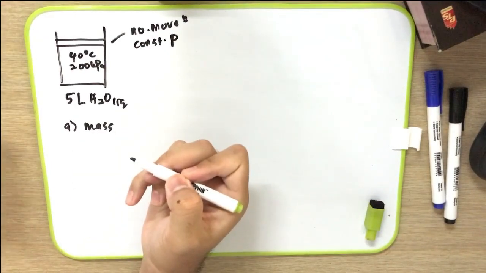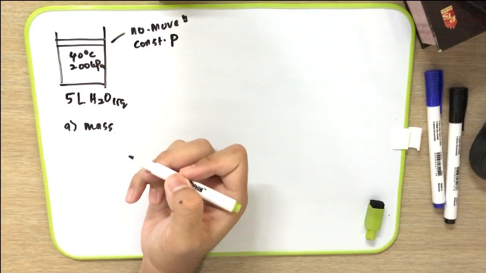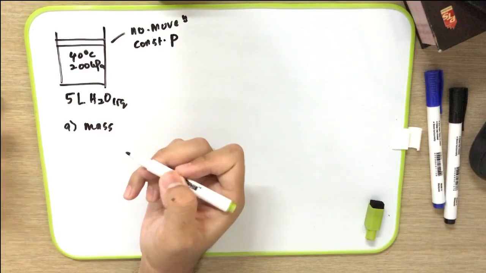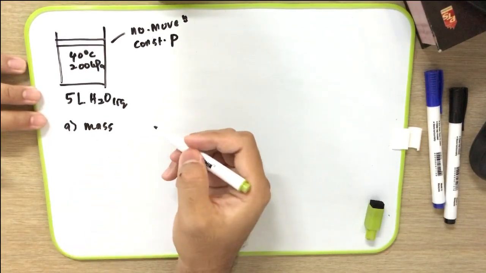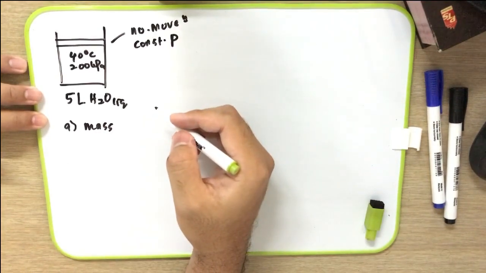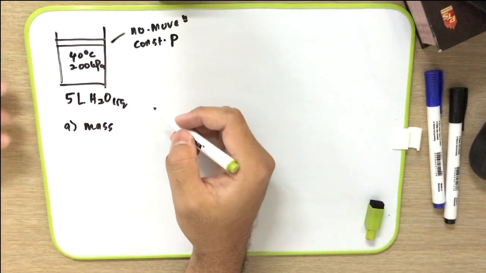I always remind you that whatever question you get, you need to find the phase first. Even though it says liquid water, we have to verify whether it is compressed liquid or not.